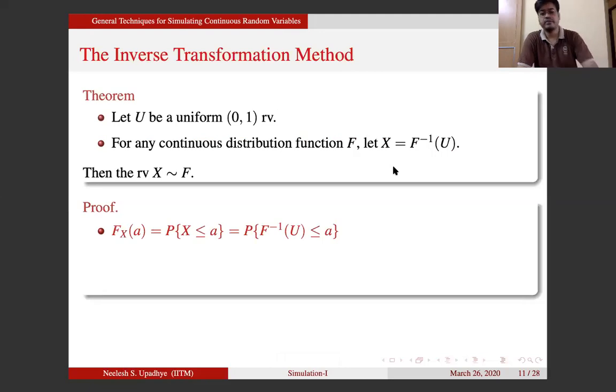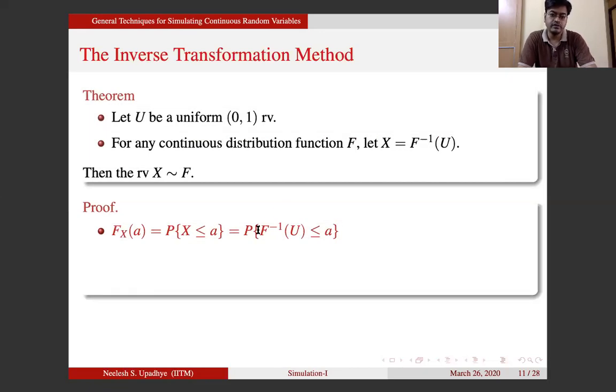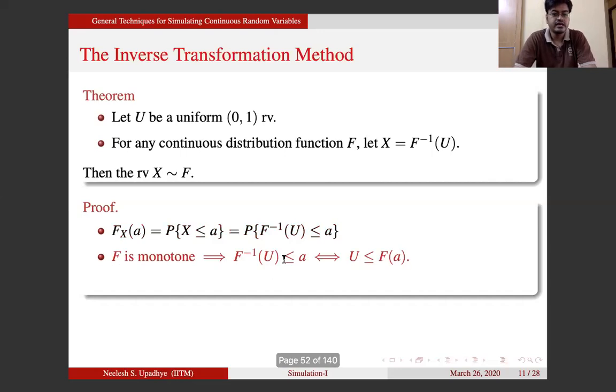By our definition, X is equal to F inverse of U. So I will put this as the probability of F inverse of U less than or equal to a. Now, since F inverse is computable, I can switch F inverse to F in a particular way.